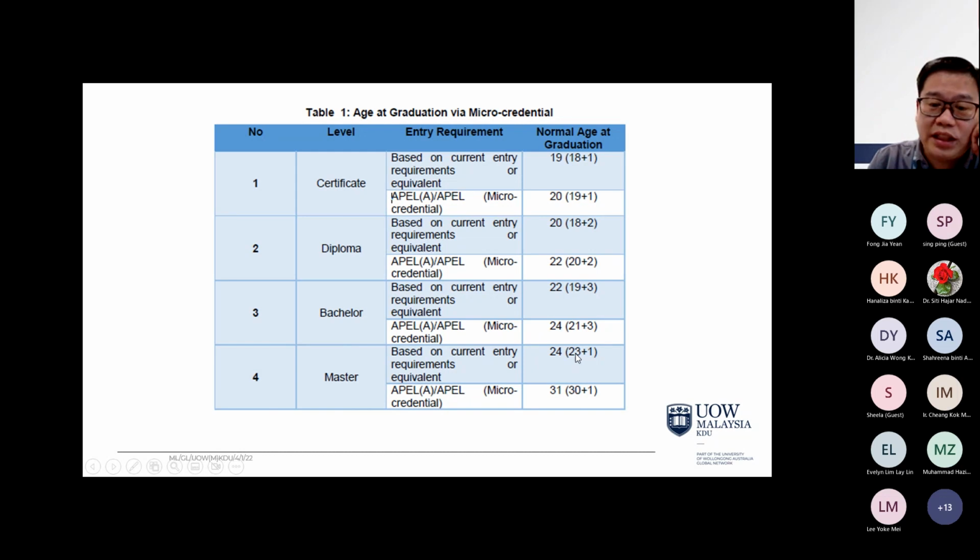So after SPM at 18, you do foundation for 1 year, so 19. Then 3 to 4 years for your degree, so 23. Then plus 1 for your masters, so it's 24. Whereas for micro-credentials under the APEL route, it is going to be 31. So it allows for people who are actually working.